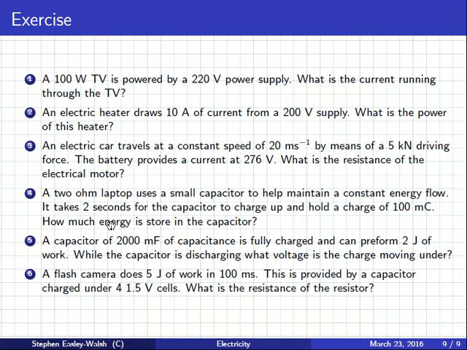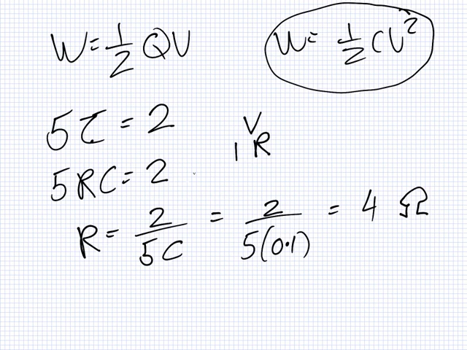Let's say Q. The charge is Q. It's not C. We don't have C. Oh, that should be Q, not C. Sorry, being stupid. Thank you.